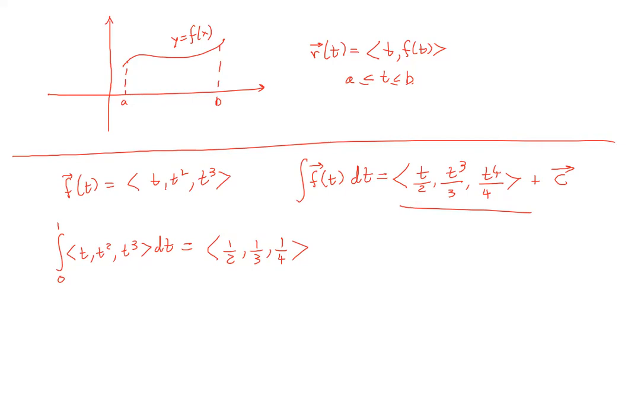So the first one is, if you have two vector valued functions and you take their dot product, and then you want to take the derivative of this, then that will be the derivative of the first dot the second plus the first dot the derivative of the second.